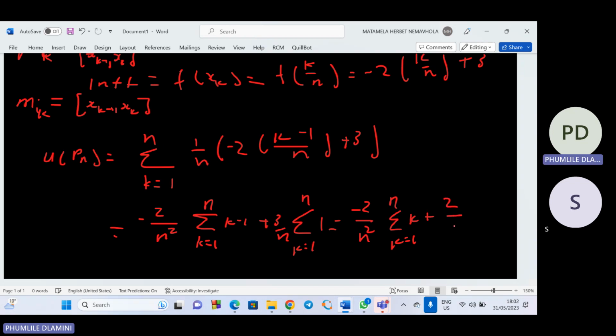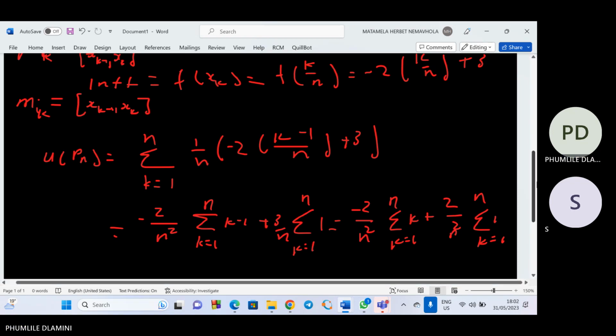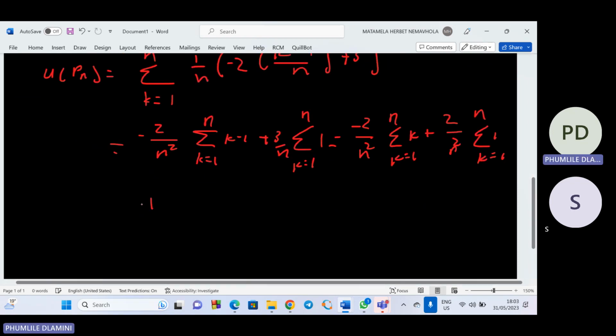We can say 2 over n squared and the sum of k equals 1 to n of 1. Even though I don't write the 1, it's not a problem. And it's still continuing with plus 3, and the sum of k equals 1 to n of 1 again.